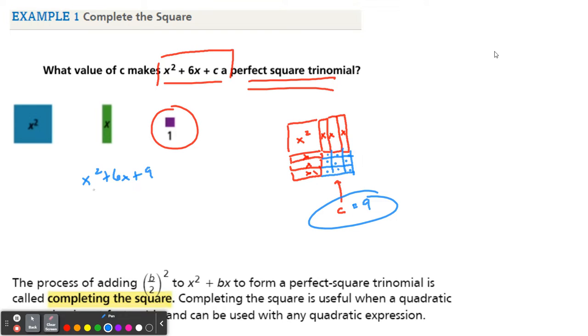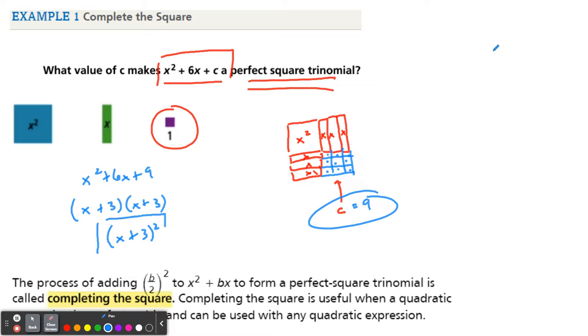Why? If you try to factor this, we need the factors of 9 that add to get 6. That's going to be 3 and 3. But these two binomials are exactly the same thing, so we can write them as x plus 3 squared.